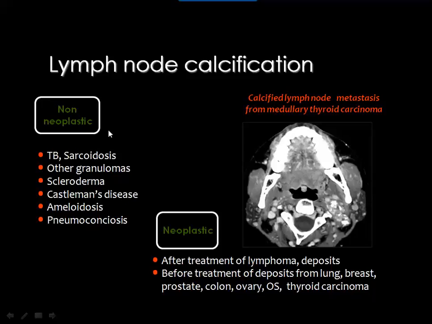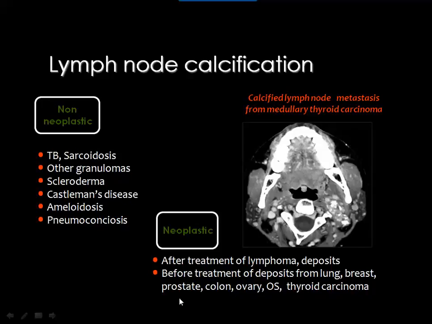The most common inflammatory lesions which show nodal calcification are TB and sarcoid, but pneumoconiosis may show calcified lymph nodes, as may amyloid, scleroderma, other granulomas other than TB and sarcoid, and also Castleman disease. But neoplastic nodes which may show calcium are those coming from the medullary thyroid carcinoma, which is known to give metastatic nodes containing calcium, and pulmonary metastasis containing calcium.